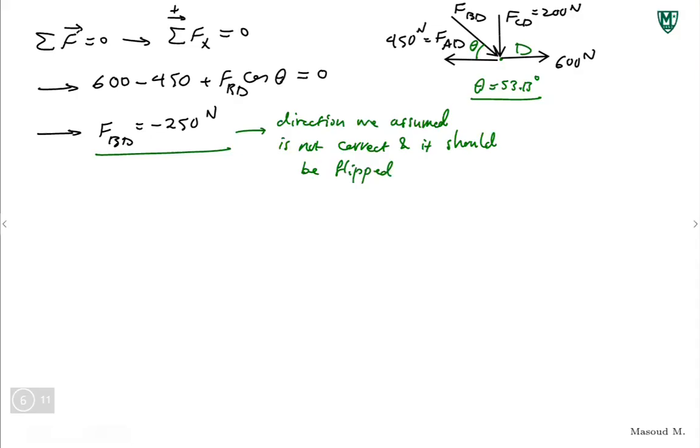Now, if we flip it, what does that mean for member BD? Is it under tension or compression now? Well, let me show you that it's true. So if this was the force, we would have had compression.